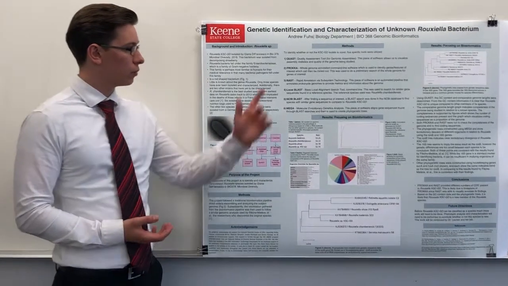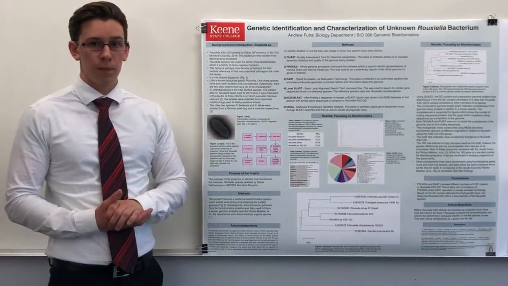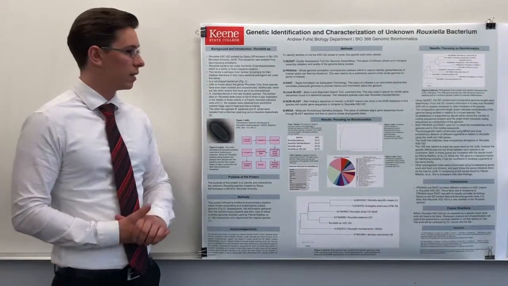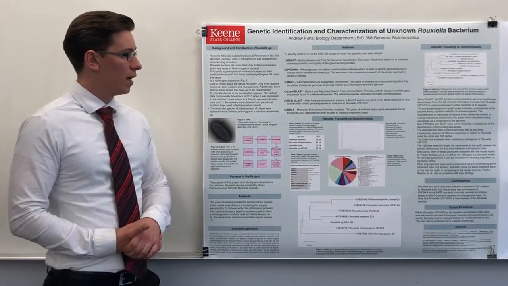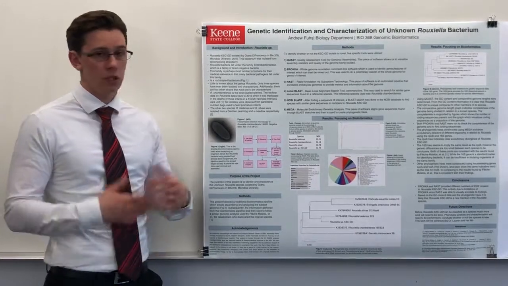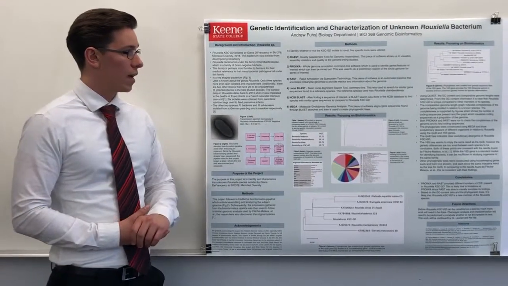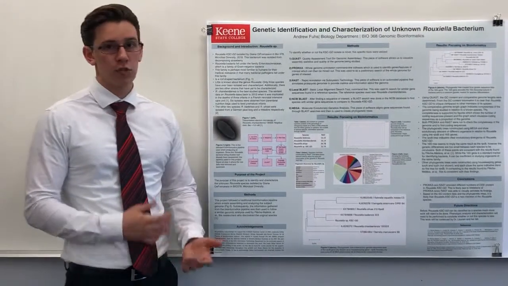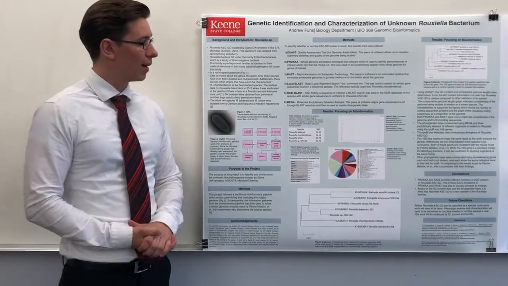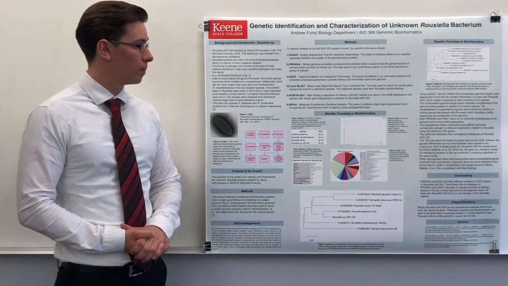Then we used something called RAST, which is a piece of software that is online, and that is the Rapid Annotation via Subsystem Technology. And this is an automated pipeline that annotates the entire bacterial genome and provides metrics and information about the genome.